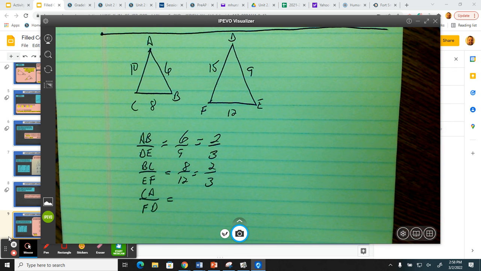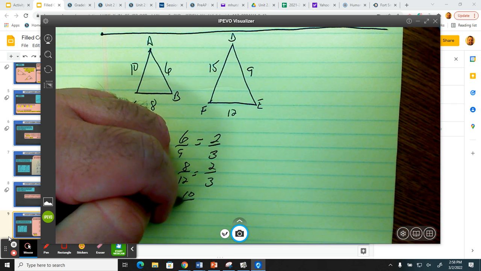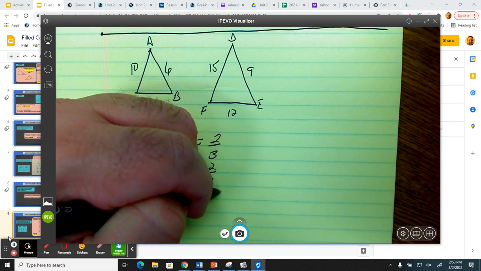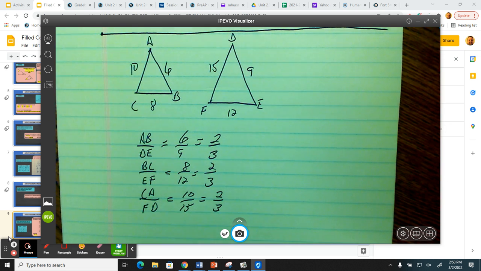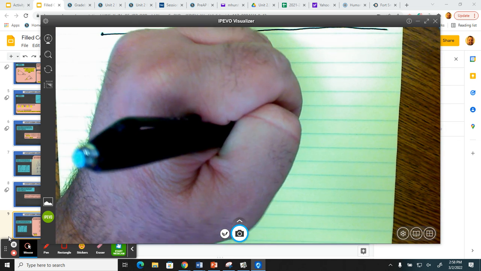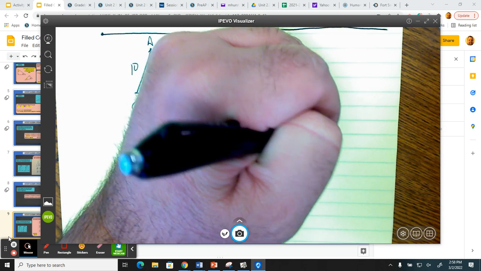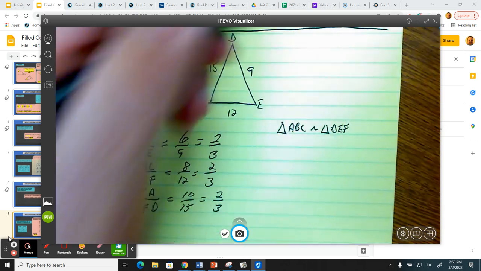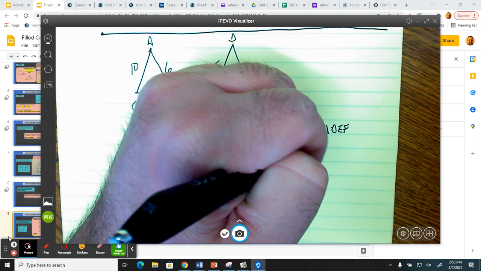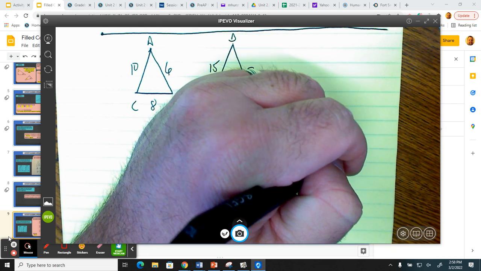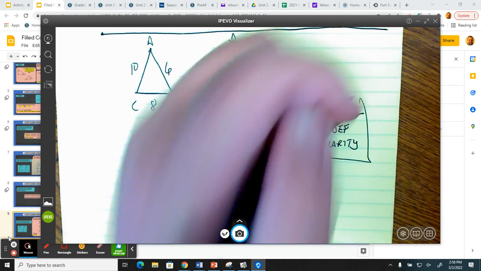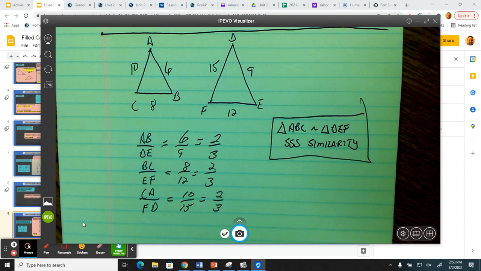CA over FD. So do I have enough to prove these two triangles are similar? Yes. Triangle ABC is similar to triangle DEF because of SSS similarity. So again, you're going to take a picture of this and add it into slide 9.